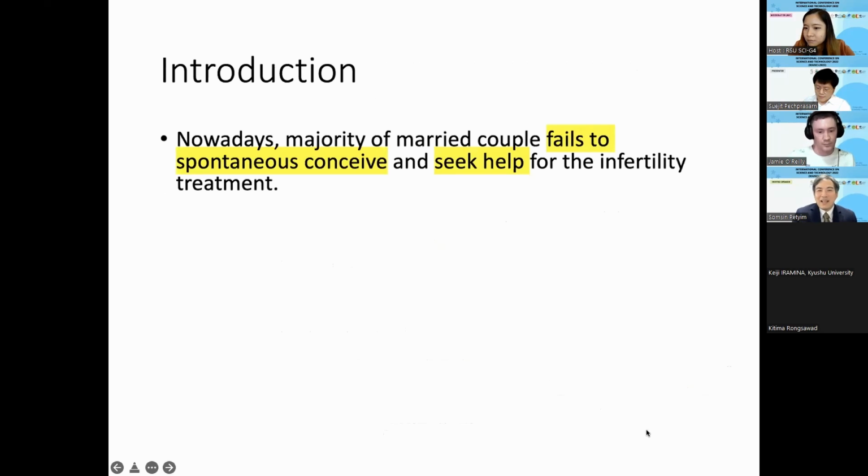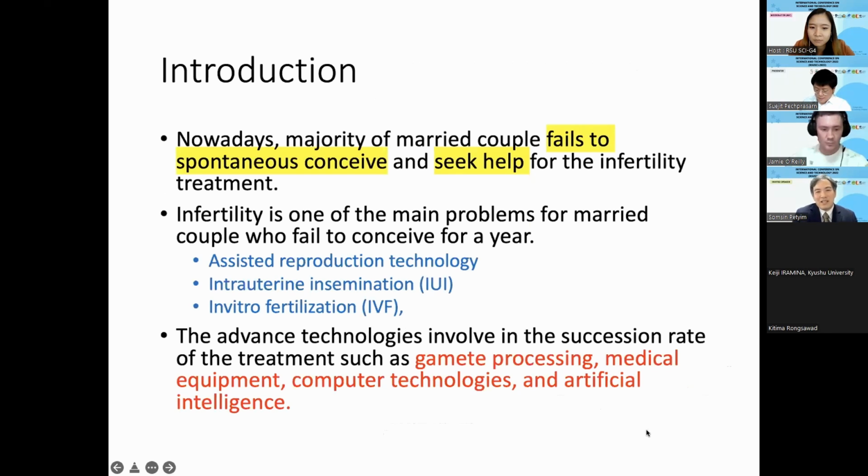Infertility is a very common problem in our country and in our world, and a majority of couples fail to have a baby by spontaneous conception. Infertility is a problem that they might need some help with.